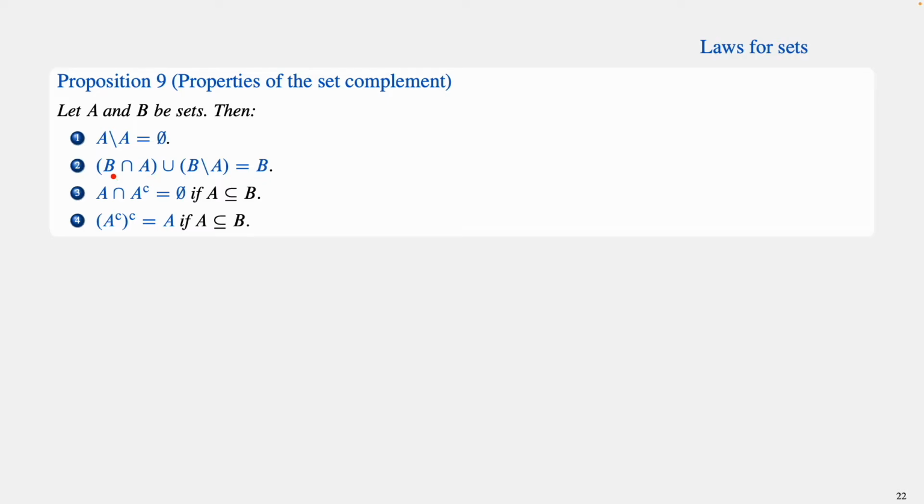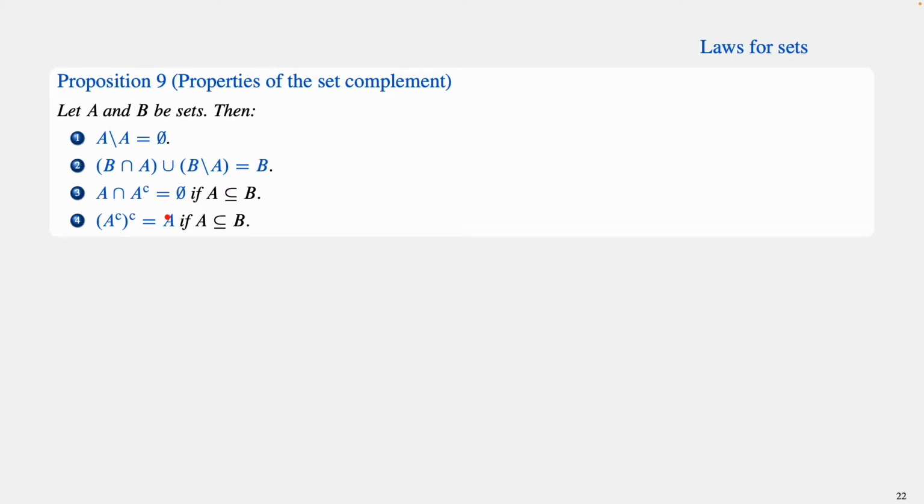Intuitively, we can say that we take the elements of B that are contained in A, throw them together with all the elements of B that are not contained in A, and because every element has to be either one, we get the full set B. Then, using this complement notation, if A is a subset of some other set B, then the intersection of A and its complement is the empty set.